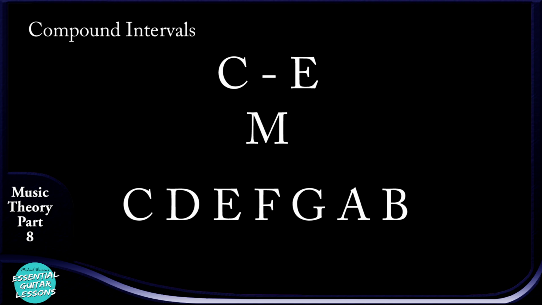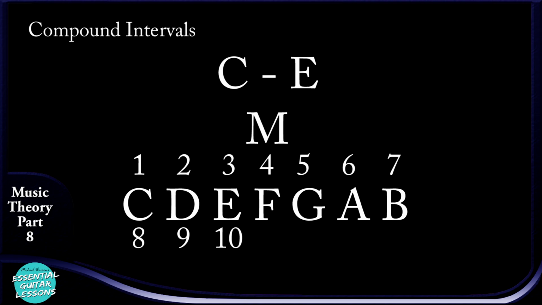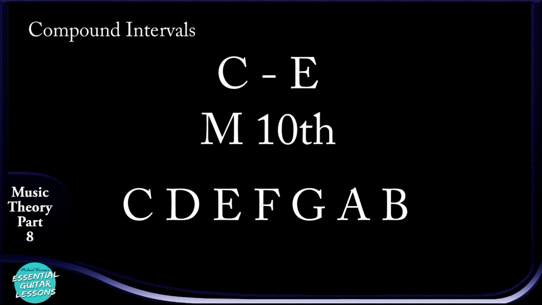So we have C, D, E, F, G, A, B, C, D, E. So this time we're up to 10. So it would be a major 10th interval. So our count's changed, it's now the 10th, but the quality stays the same. It's still a major 10th, where C to E was a major third before.